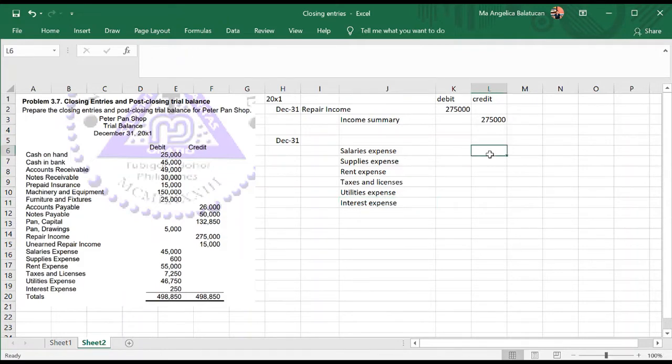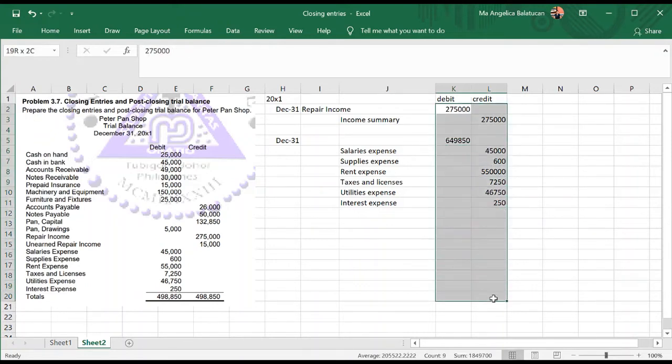Then credit them all. So that's 45,600, 55,000, 7,250, 46,750, then 250. And then we're going to sum it up, so the total of the credit side. We will use the function here so it's easier to add.